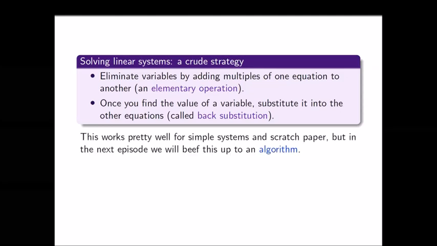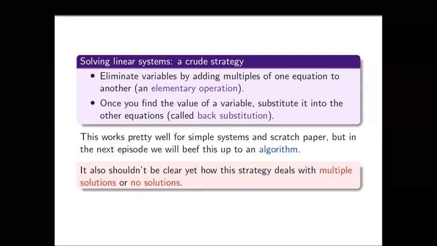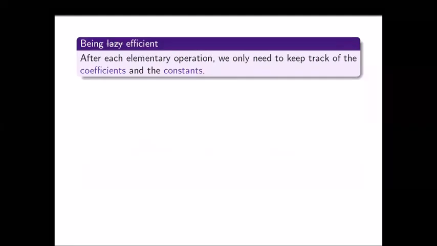So this is a very neat idea, but in the next episode, we'll actually streamline it to make it an algorithm. And of course, this strategy as of now doesn't yet work with multiple solutions and no solutions, but we'll see how it does in the near future.